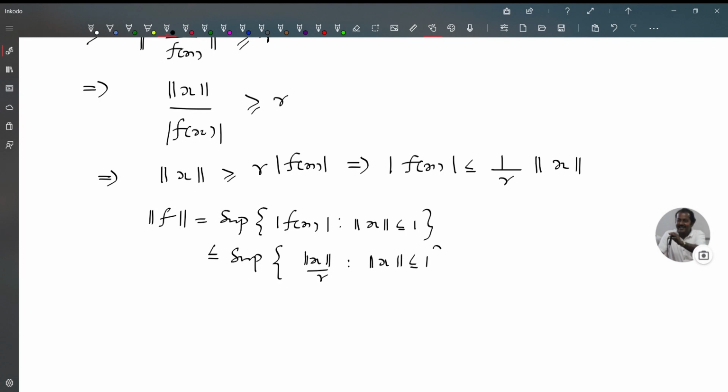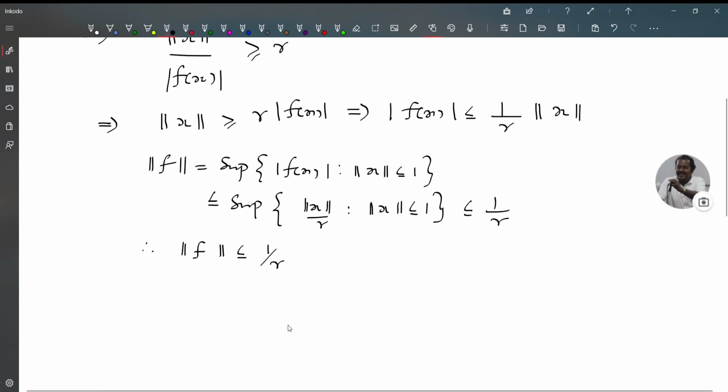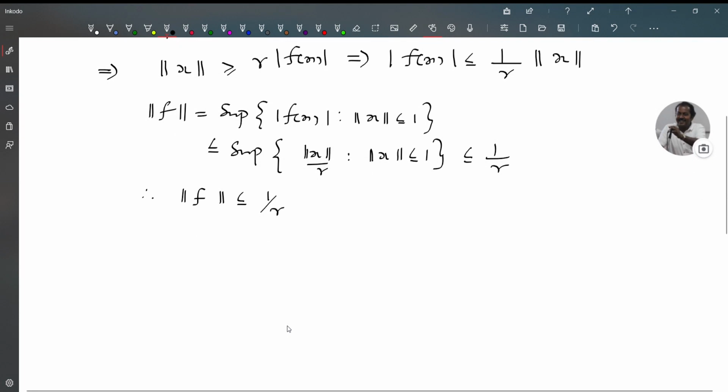So this quantity is less than or equal to 1 by r. Therefore, norm f is less than or equal to 1 by r. So we have one part.